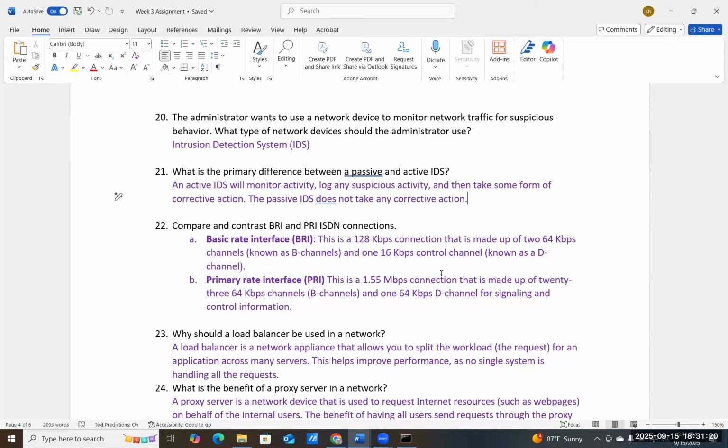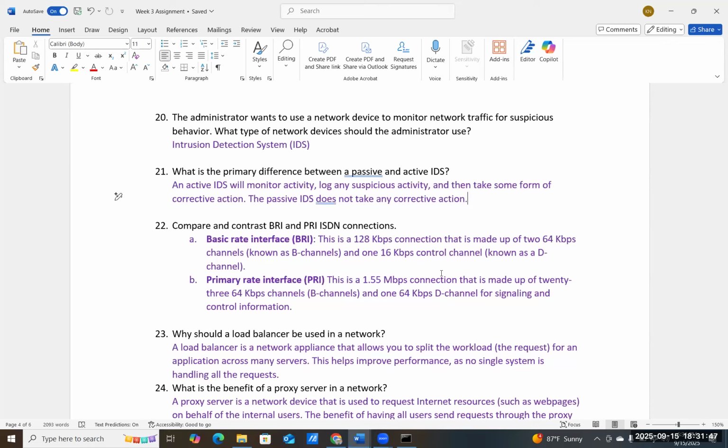So that means that if I'm using BRI, my transfer rate is only going to be max at 128 kilobit per second. When we say max, it's going to be roughly around there or lower. Now, if you pay a little bit more, you can get a primary rate interface, which is your PRI. This is going to be 1.5 megabit per second, and this is a lot for back in the day, right?